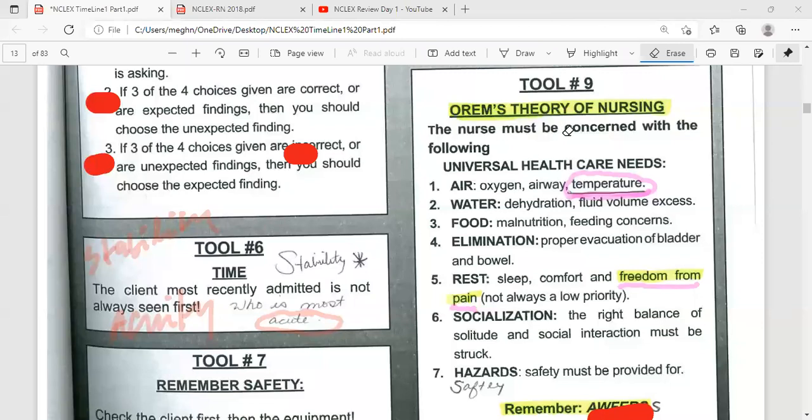The next tool here is about Orem's theory of nursing. The nurse must be concerned with the following, according to Orem's theory. It is the self-care deficit theory.